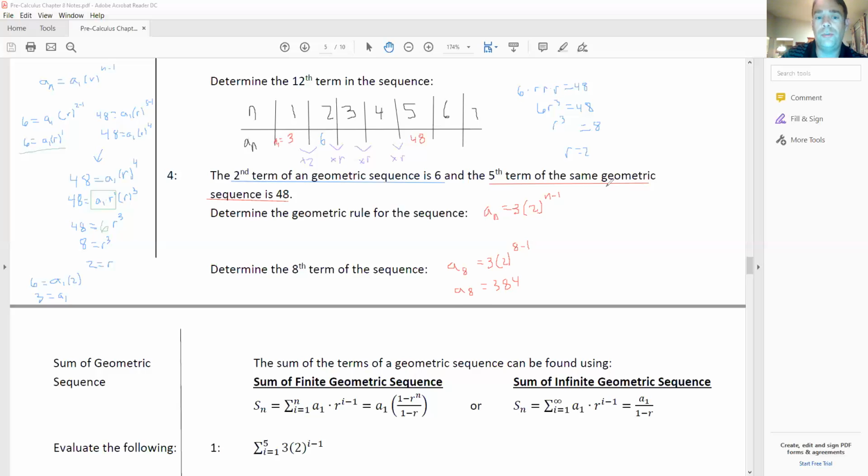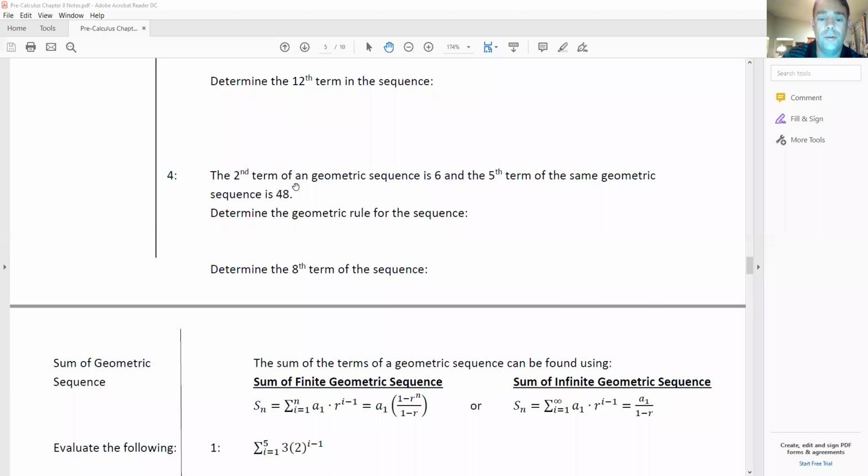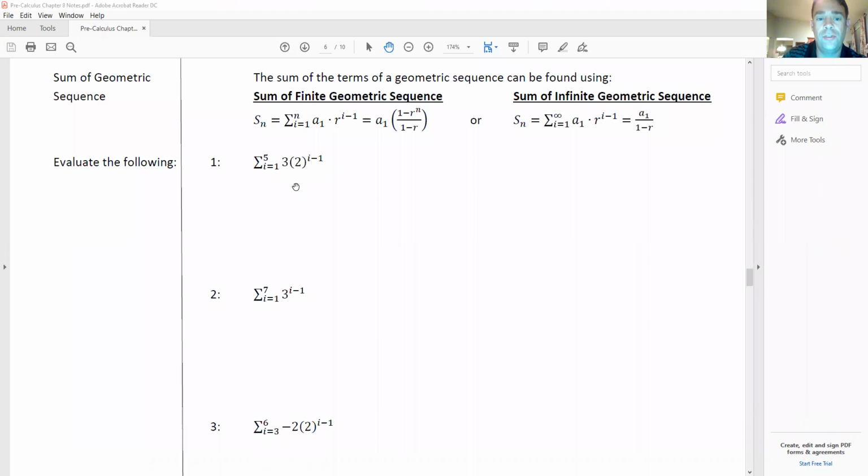All right, so we've played with some sequence rules and sequences a little bit. Let's deal with some summations here. Now we can have a sum of a finite series. That means we have an n value, or we can have a sum of an infinite series. Now the n value is going to play a piece in this one. Notice how we have the n value there.